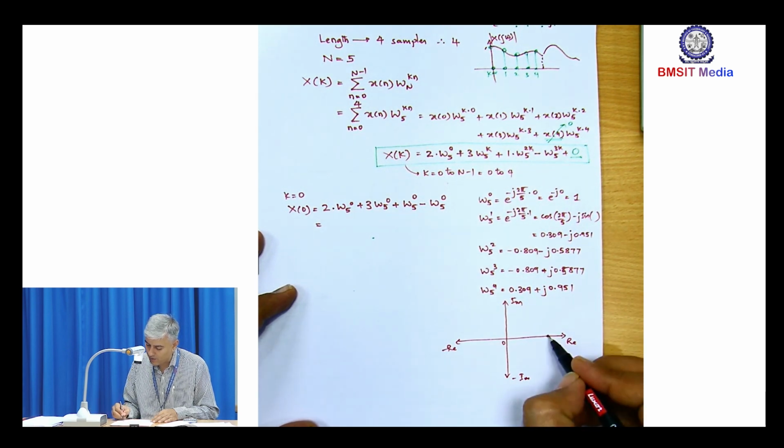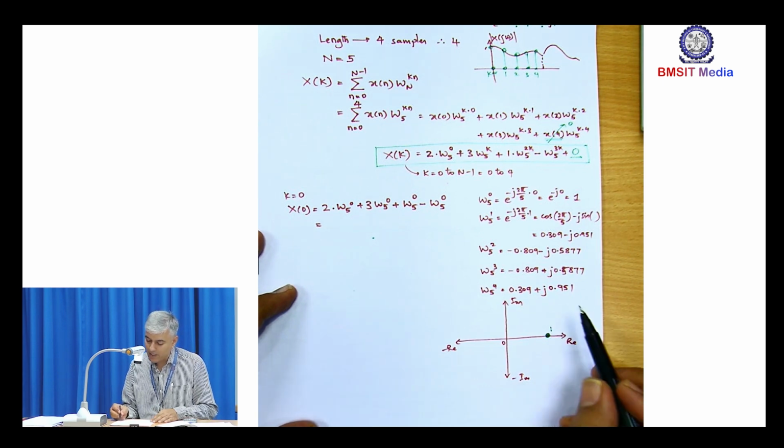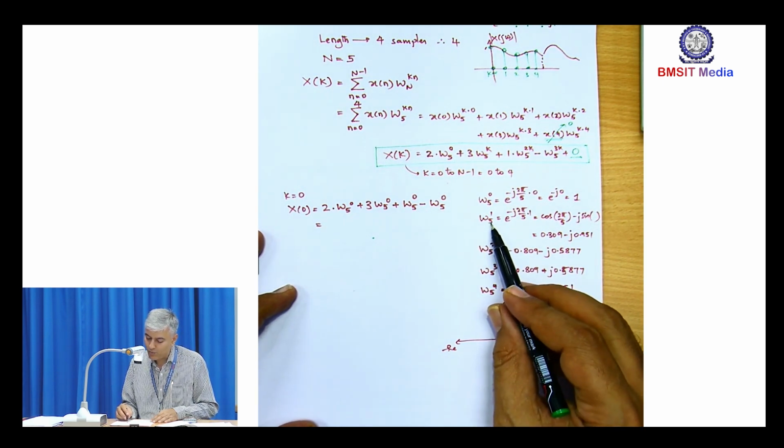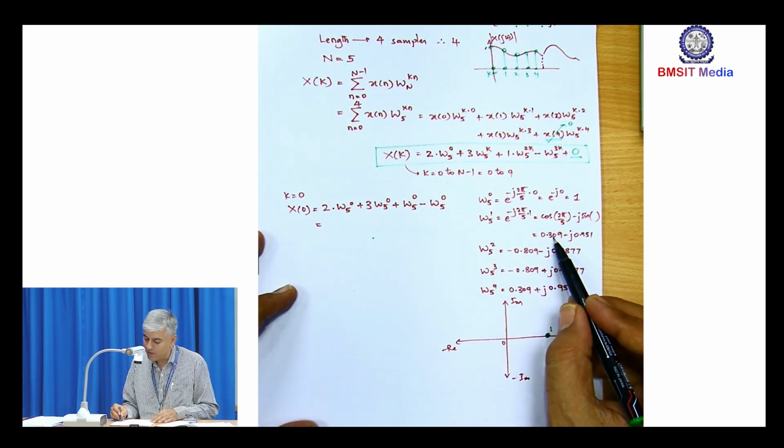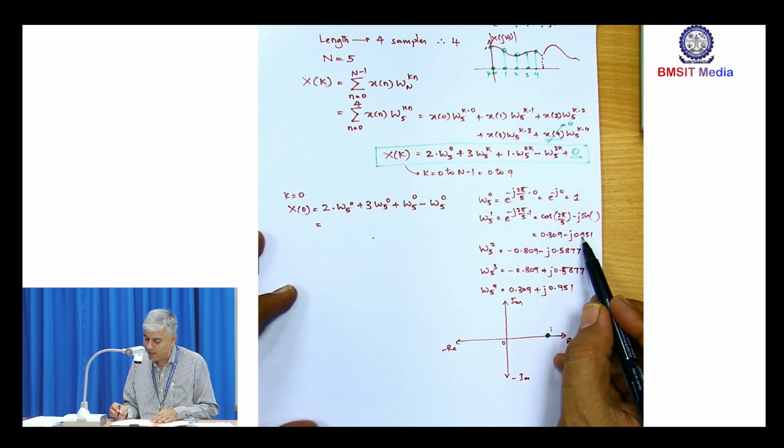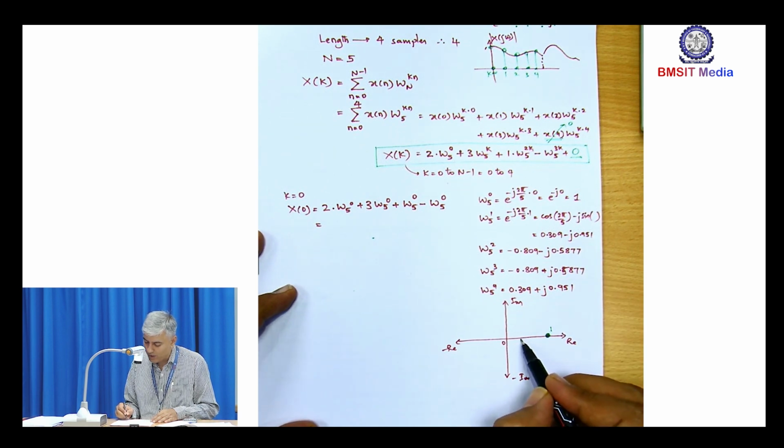Similarly, W5 raised to 1 is 0.309 minus j 0.951. So the real part is 0.309 and the imaginary part is negative 0.951. So I can draw it over here, approximately.